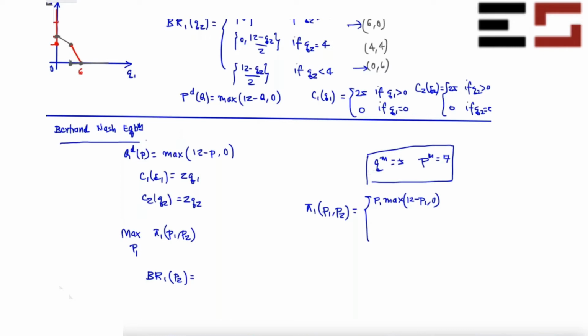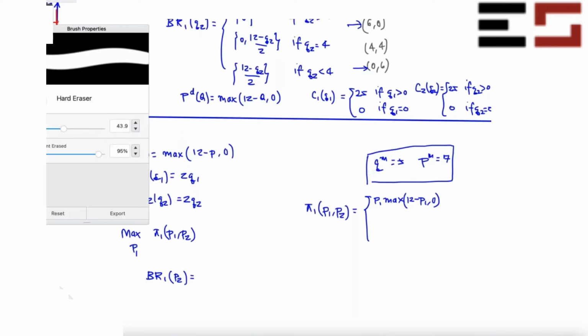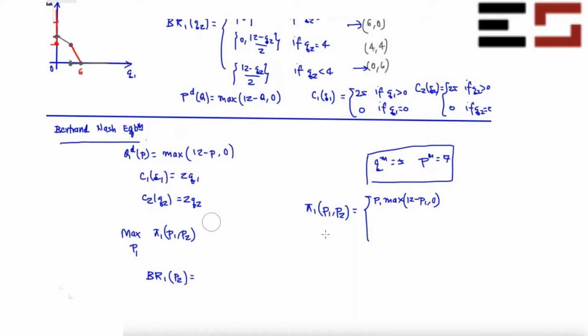Let me erase this and write it as a combined statement: P1 minus 2 times max of 12 minus P1 comma 0.